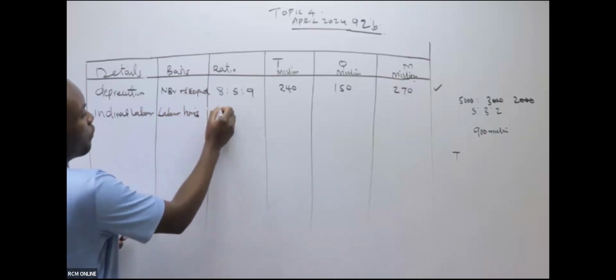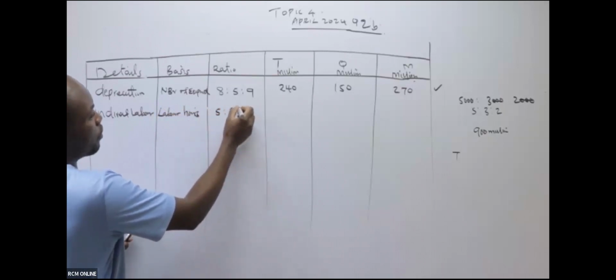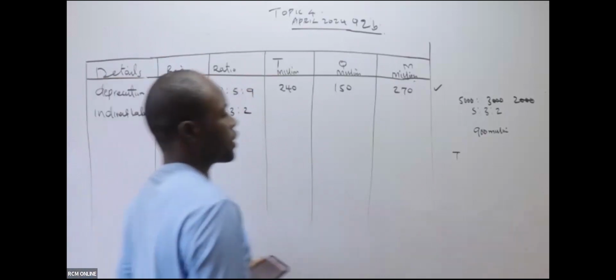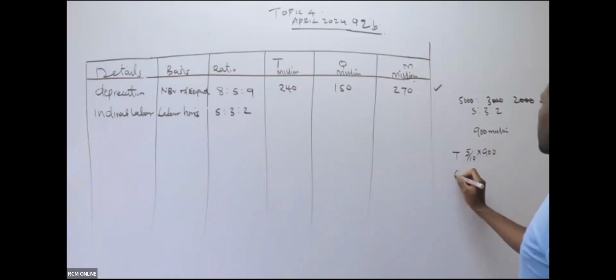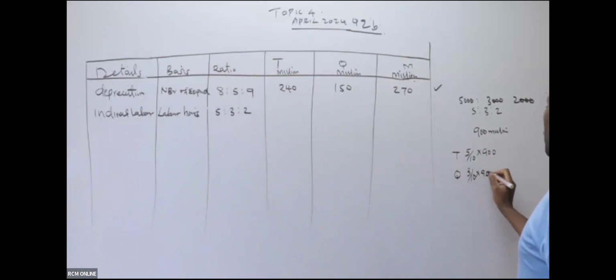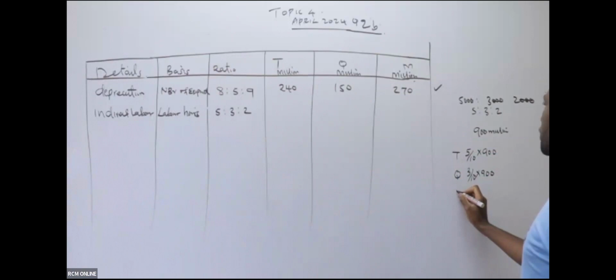We have the ratio of 5 is to 3 is to 2. So T will be taking 5 over total by what they're supposed to share, Q will be taking 3 over total by what is to be shared, and of course M is taking 2 over total by what they are supposed to share.